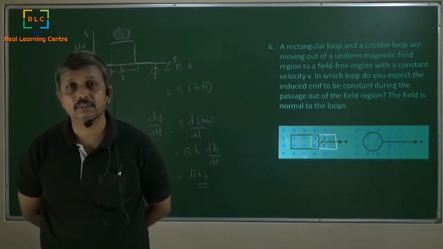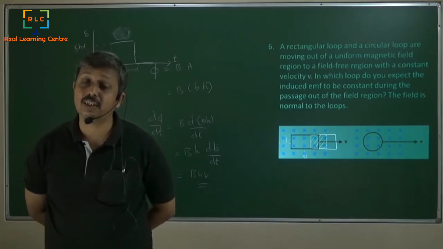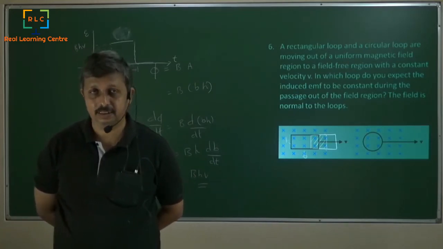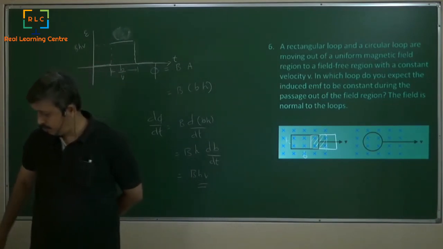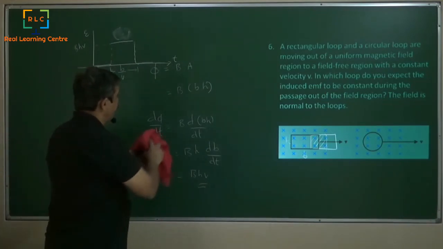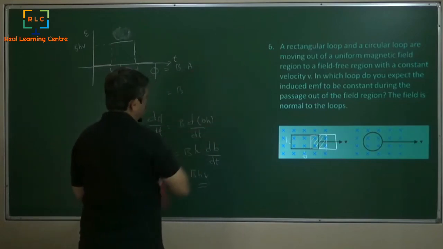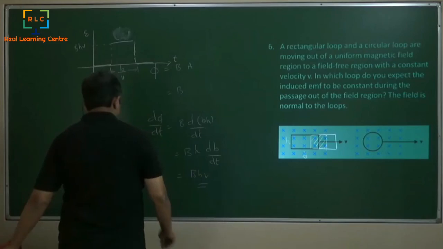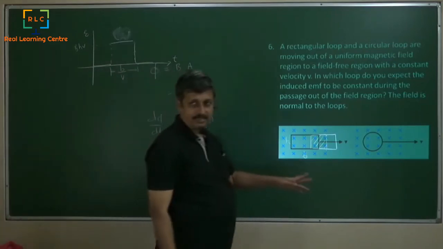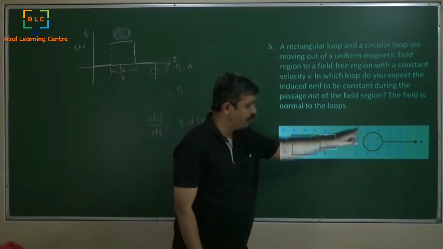rectangle. So how does it change in the case of a circle? In the case of a circle also, we are going to have this as area, and the area here is the pi r squared of the whole circle.